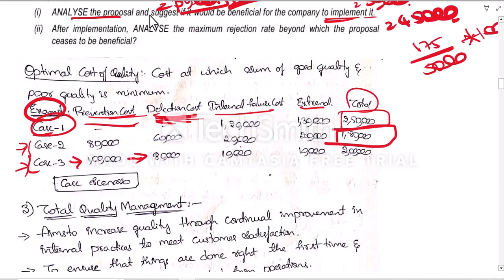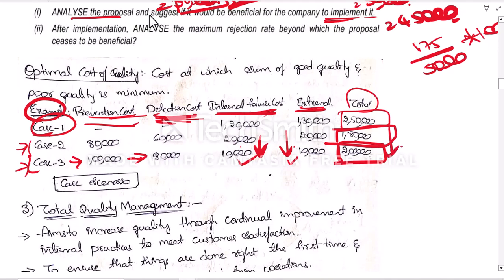Then it resulted in internal failure cost of 10,000 and external failure cost of 10,000. See, it decreases from 20,000 to 10,000. It is also beneficial, but when we calculate the total cost, it is 2 lakhs, which is more than case 2.